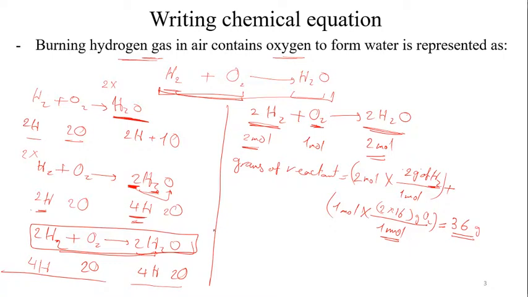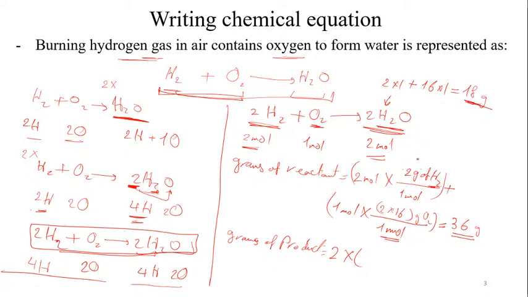So let's now see how much product I have. I have 2 moles of water, so grams of product would be equal to 2 multiplied by the molar mass of H2O. So for H2O, I have 2 hydrogens, each one of them is equal to 1 atomic mass, and the oxygen, which is 16, multiplied by 1 oxygen atom. So this is equal to 18.